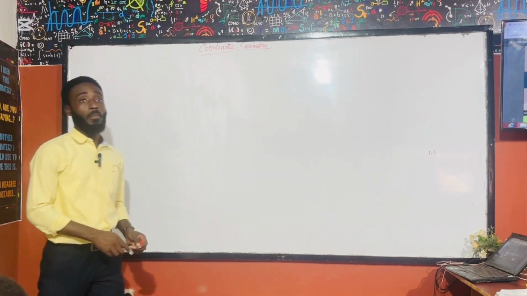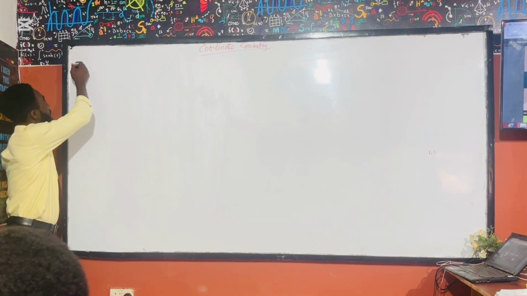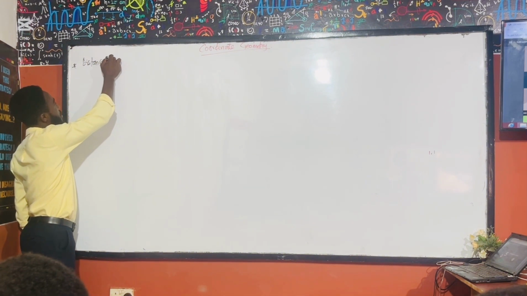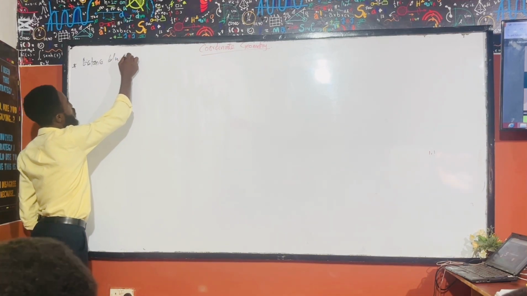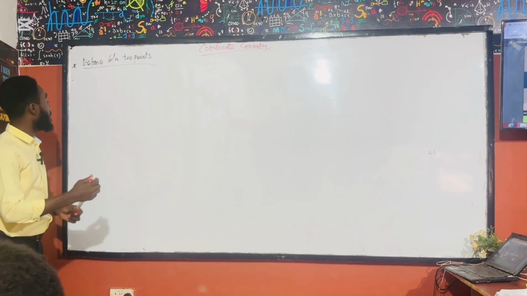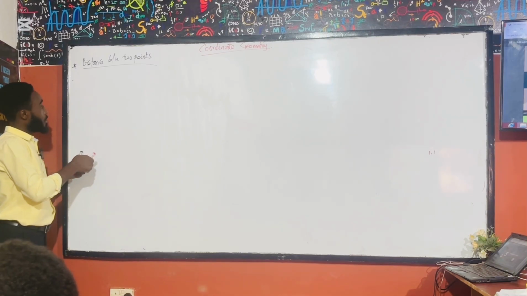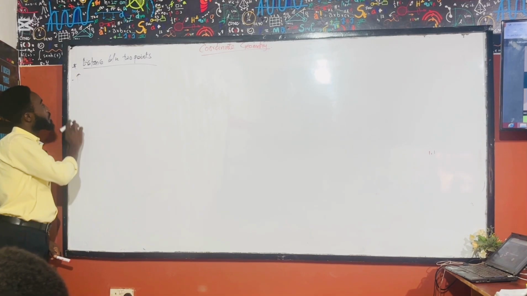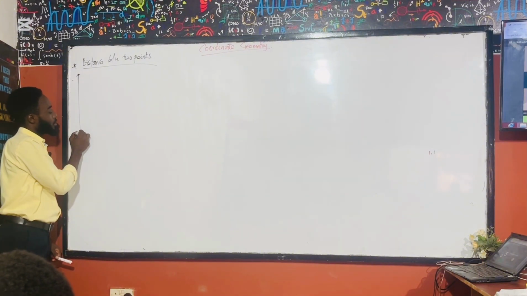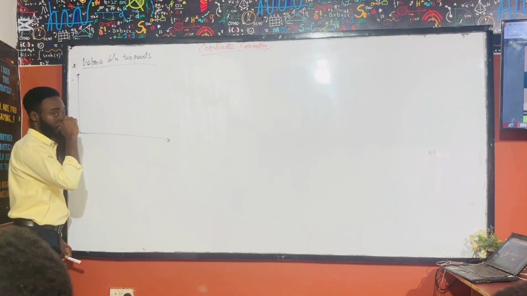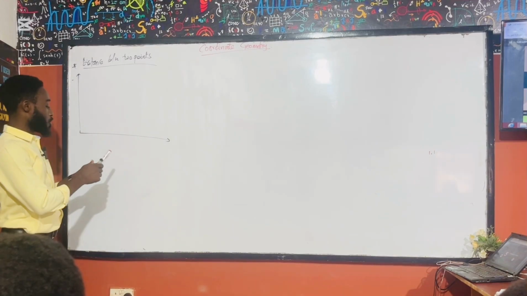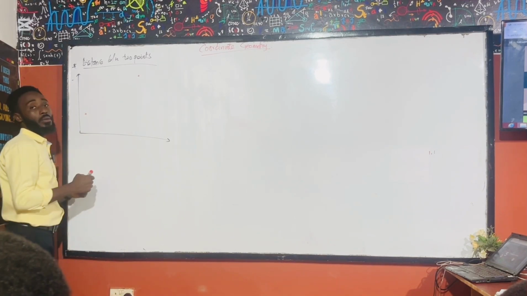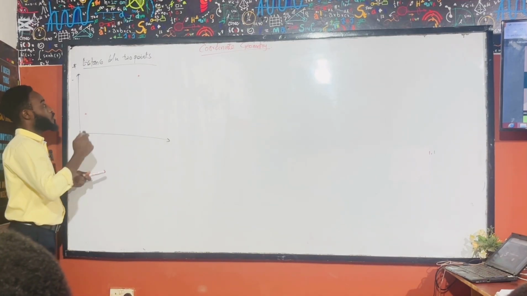And the first thing we want to talk about here is the distance between 2 points. If we have a point in a coordinate system, so we have two coordinates, one here, another one there, and then we join them together.